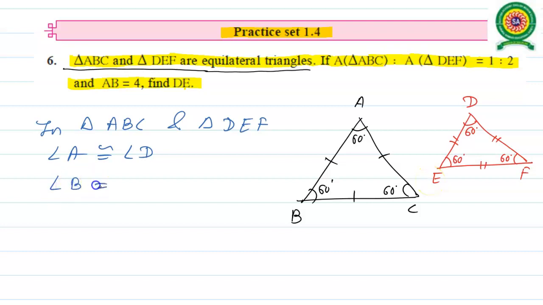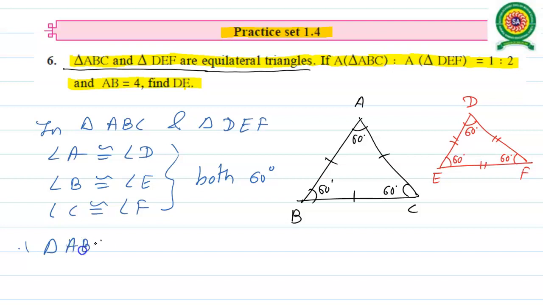Next, angle B is congruent to angle E, and lastly angle C is congruent to angle F. Why? For the same reason, we have 60 degrees. Once all 3 angles of one triangle are congruent to the corresponding 3 angles of the other triangle, we can say that triangle ABC is similar to triangle DEF. By which test? By the angle test. In short, we may write it as the AAA test.